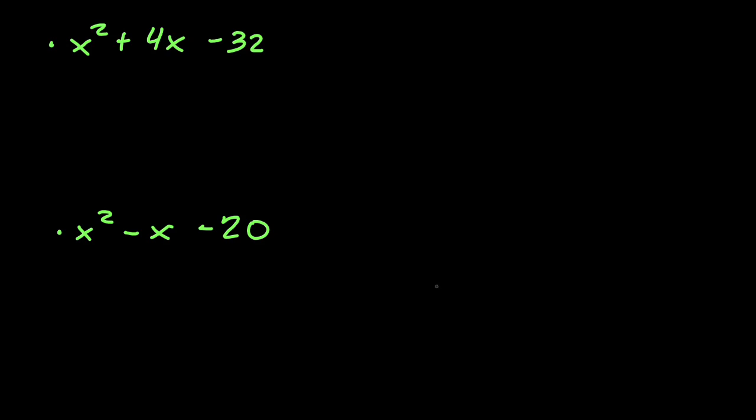X squared plus 4x minus 32. As usual, find the factors of negative 32, which would be negative 1 times 32, negative 2 times 16, negative 4 times 8.